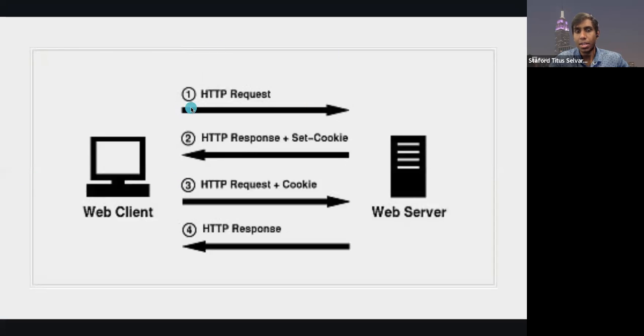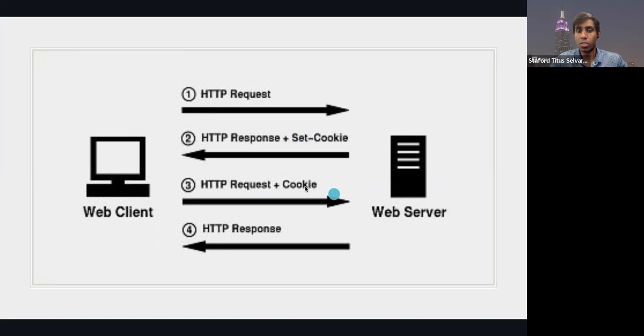When an HTTP request is sent from a web client to the web server, the server sends back an HTTP response with the Set-Cookie field. So the cookie is set and the web client receives it. Next time the client sends a request, it sends the HTTP request along with the cookie. This way the client says, you've already sent me a cookie and I'm this person, so now you identify me.